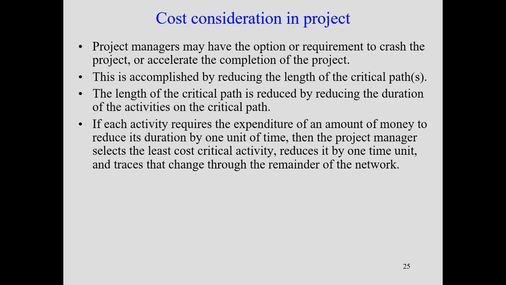So when a project manager tries to crash the project, he should always look for the critical activity that will give the least cost, so that the additional amount the project manager is supposed to pay will be the minimum.